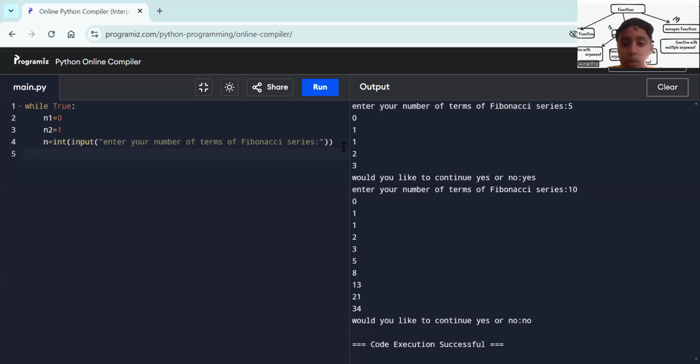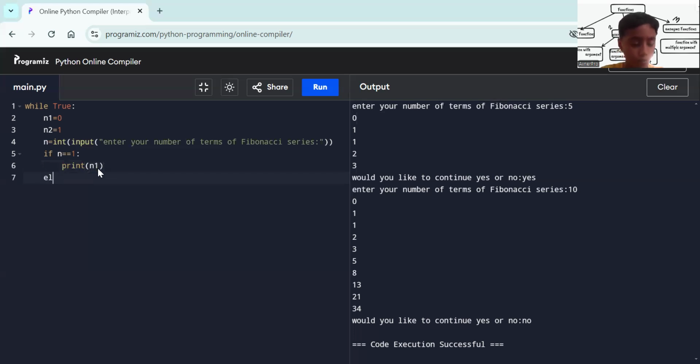Okay. Now, after this, what we have to do is go on to the if conditions. So if n equals 1, what I mean is if I wrote 1 over here, what I have to do is print n1.